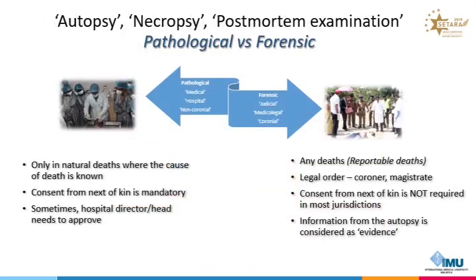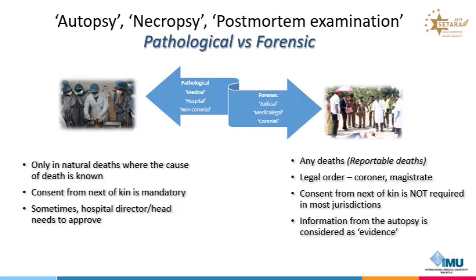So in the investigation of deaths, autopsies are an important part. The word autopsy, I think you have already learned from the previous lectures. The words autopsy, necropsy, postmortem examination pretty much mean the same thing. But it's important that you understand that there are essentially two types of autopsies that could be conducted.